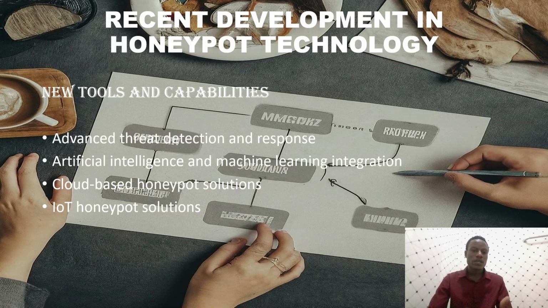So now let me come back to where I left. I was at artificial intelligence and machine learning integration. So as I said earlier, honeypots now use the artificial intelligence and machine learning algorithm to analyze traffic patterns and detect anomalies in the system.